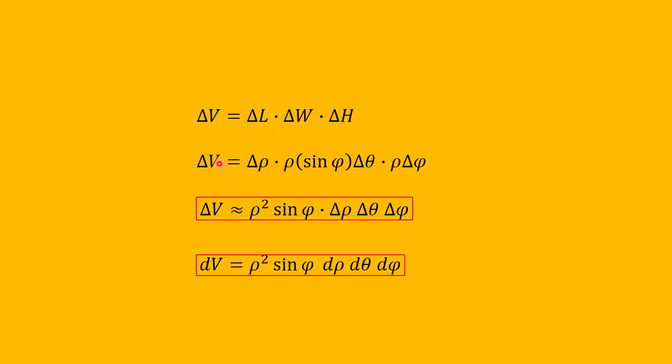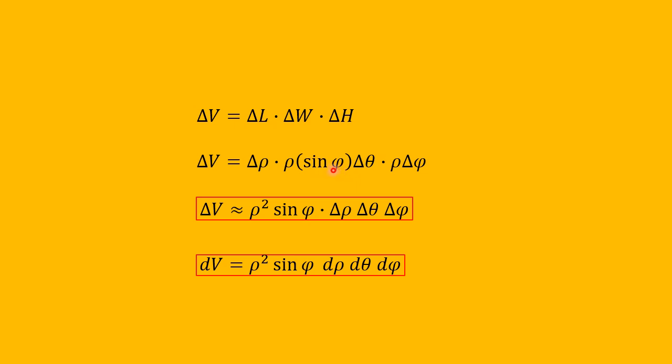And we saw through the previous calculation that delta V is the length, which is delta rho, times the width, which is rho sine phi delta theta, times delta H, which was rho delta phi.